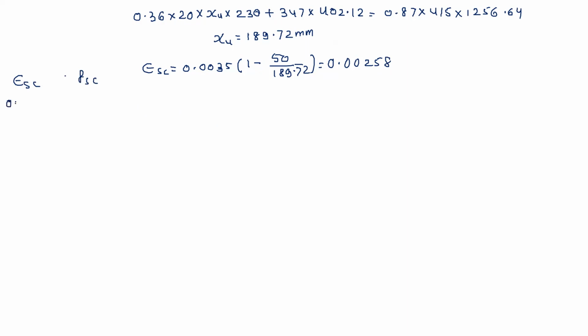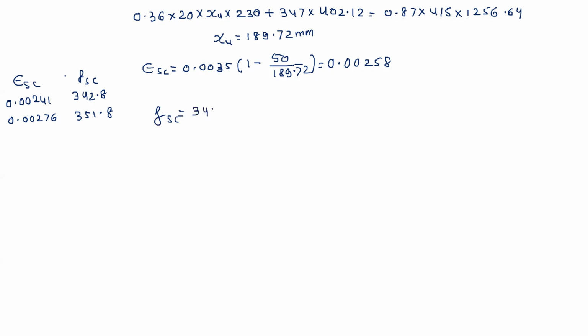From this we can find fsc, because now we have the same values. For 0.00241 we have 342.8, and for 0.00276 we have 351.8. Now you have to calculate the value; you cannot take it directly.